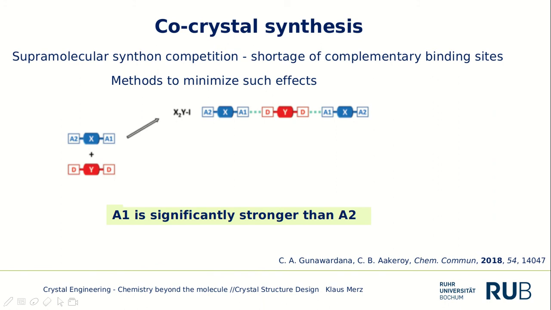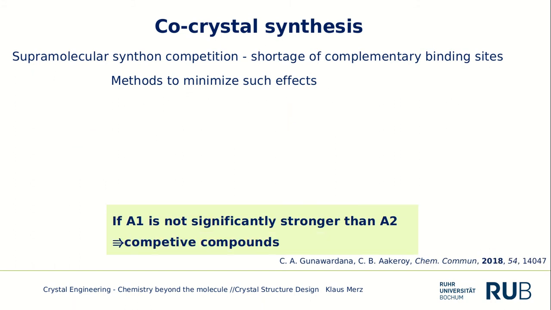And this is typical for competition. If A1 is significantly stronger, better you can say, than A2, then you will get something like this. So intermolecular interaction of A1 with a donor on both sides.